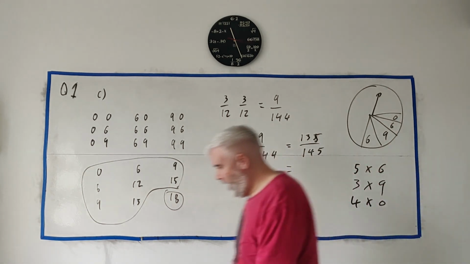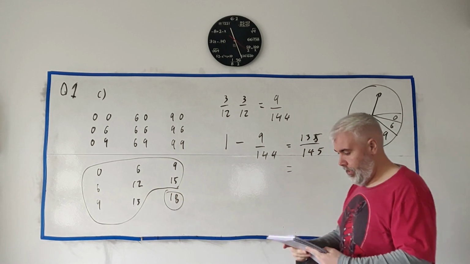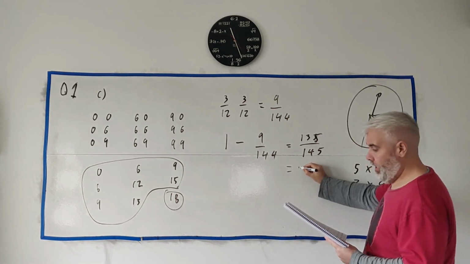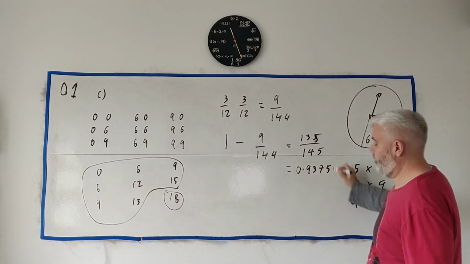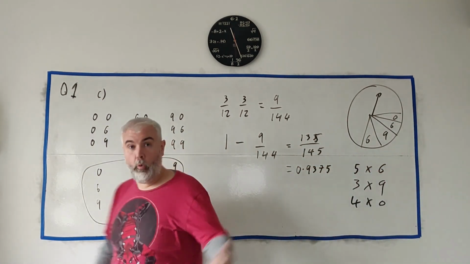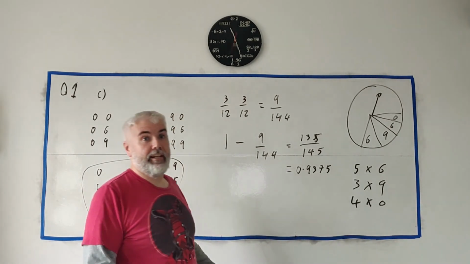Put that into a calculator. And did they ask for it? Yeah, decimal places. Put that into a calculator and we get 0.9375. So quite a high. Remember, a probability of 1 is guaranteed. Quite a high probability of getting less than 16.